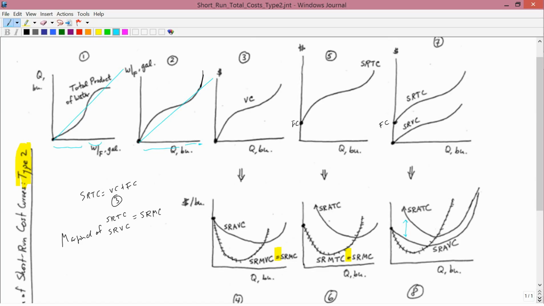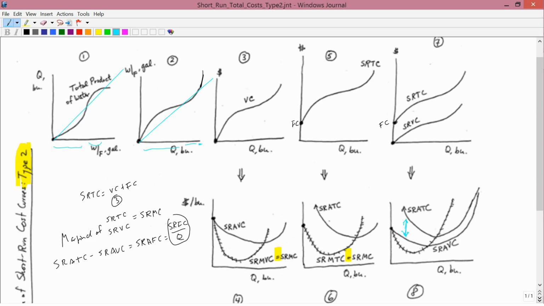And as we said before, this gap, the difference between short-run average total cost and short-run average variable cost, is short-run average fixed cost, which is short-run fixed cost over Q. So this thing on the right is the length of this line.